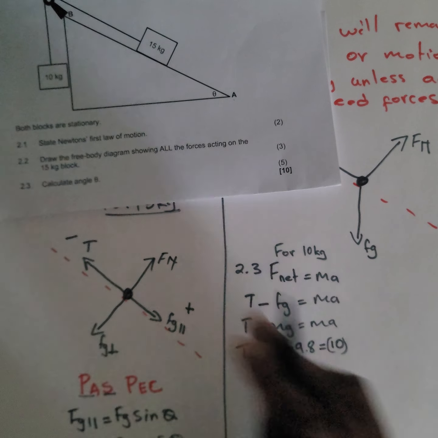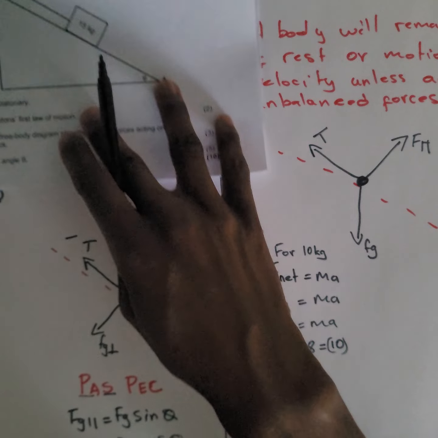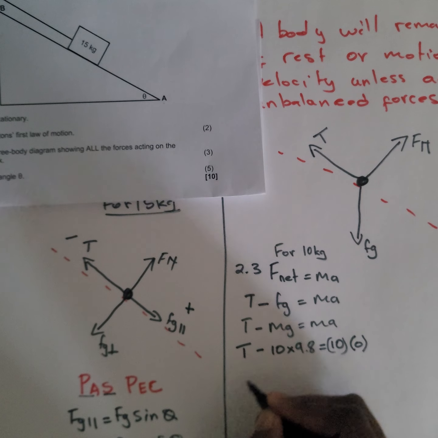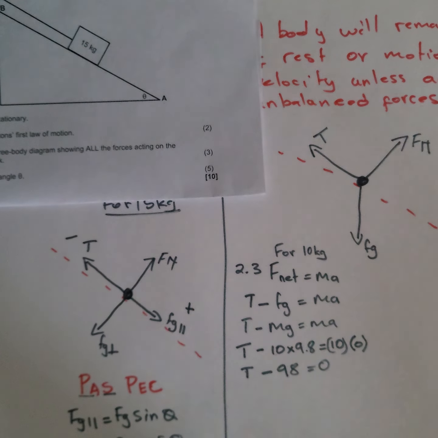And then remember, they said the blocks are stationary, so it means they are not moving, so acceleration will be 0 there. So it's now going to be the tension minus 10 multiplied by 9,8, it's 98, is equal to 0. And then let me transpose.